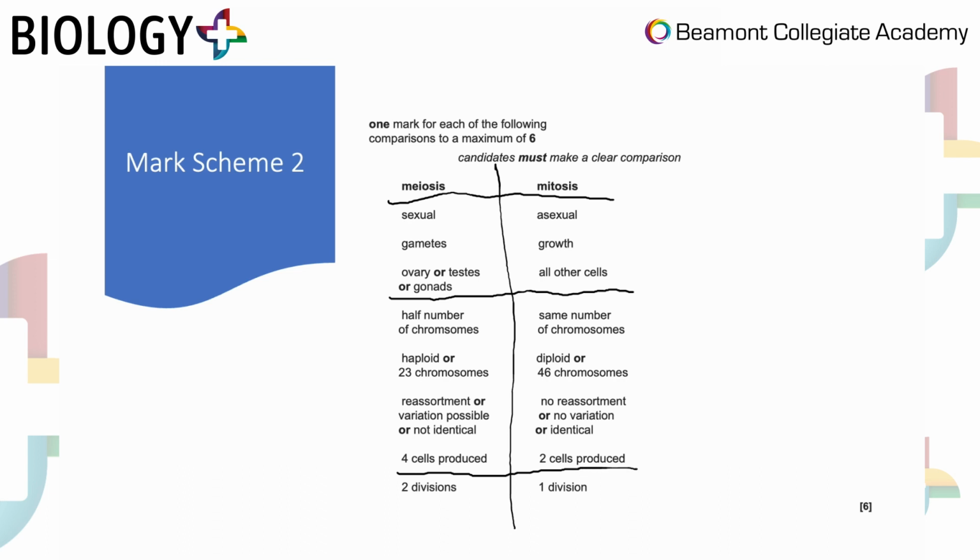How many divisions? 2 in meiosis, 1 in mitosis. So table, a great way of comparing your processes.